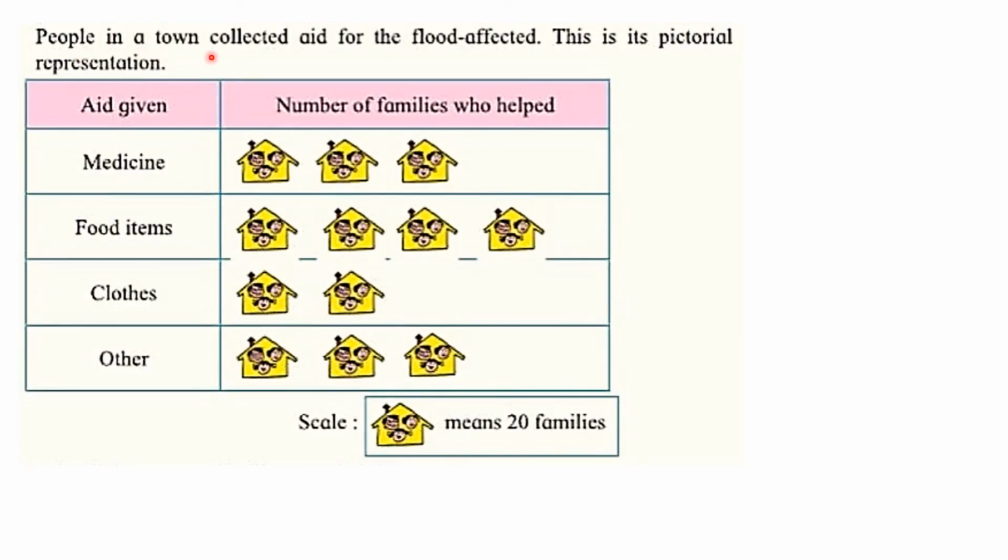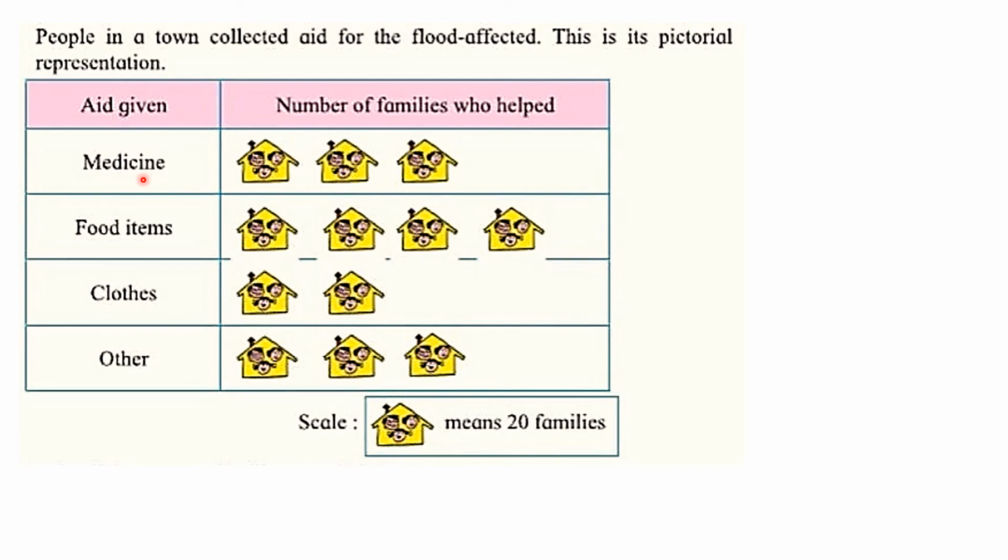People in a town collected aid for the flood affected. This is its pictorial representation. Here, aid given is medicine, food item, clothes, other. Number of families who helped is given here.